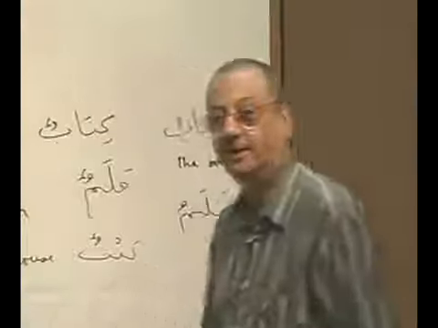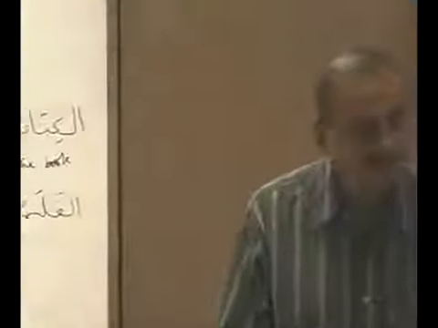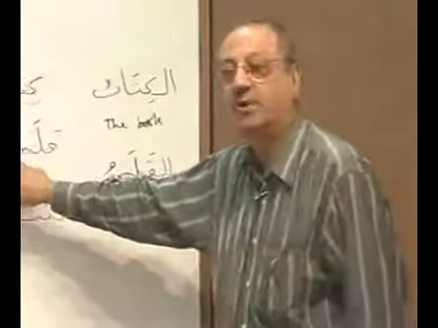If I write down al-kalamun, that is wrong, because tanween and al cannot coexist. One has to come and the other has to go. So, if you say al, then only one dhamma.